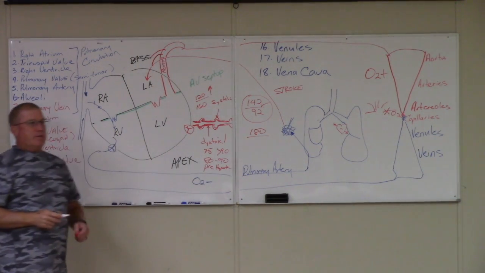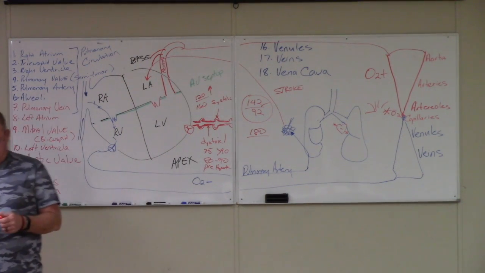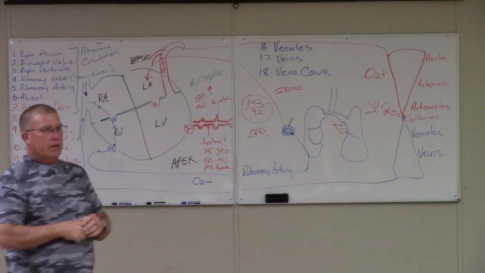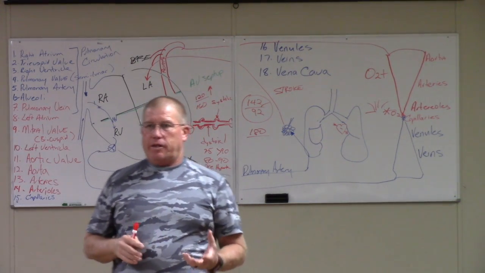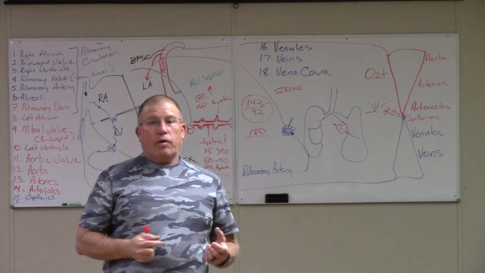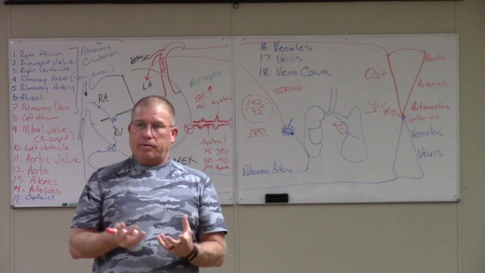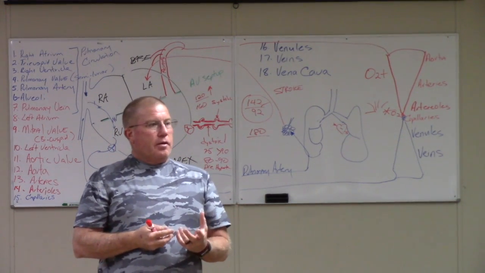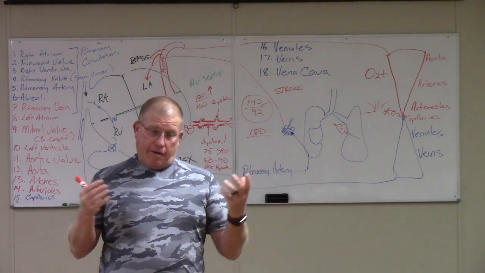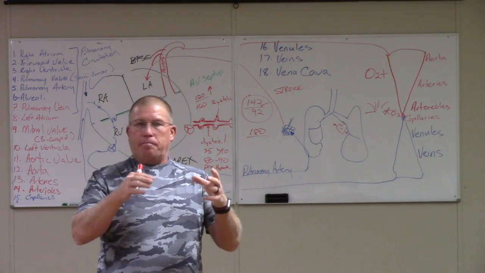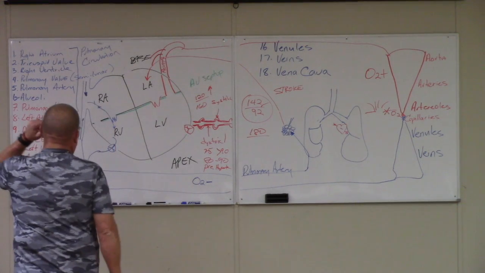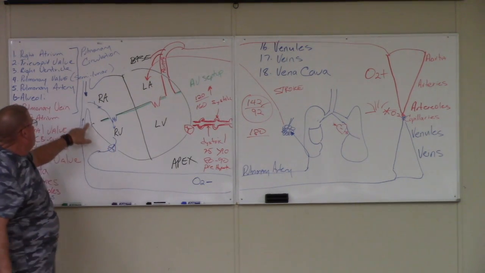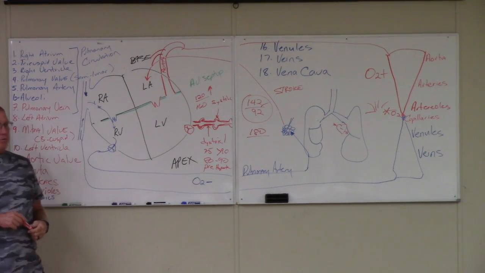One feeds the right side, one feeds the left side. They all branch off, and you've actually got 4 main coronary arteries, and they break down even more. They run along the outside of the heart. Veins, after the capillaries, dump it right back into the right atrium.